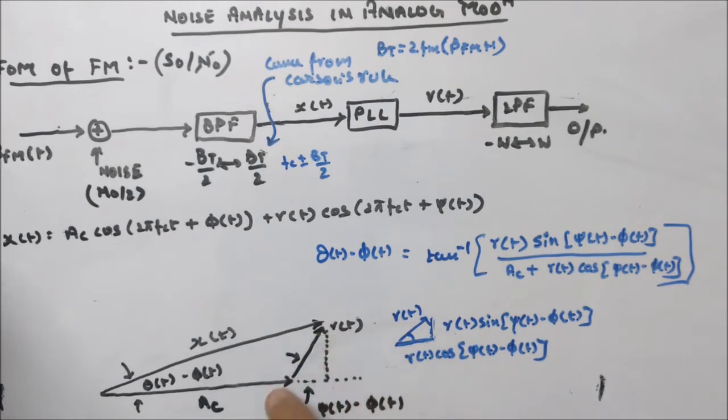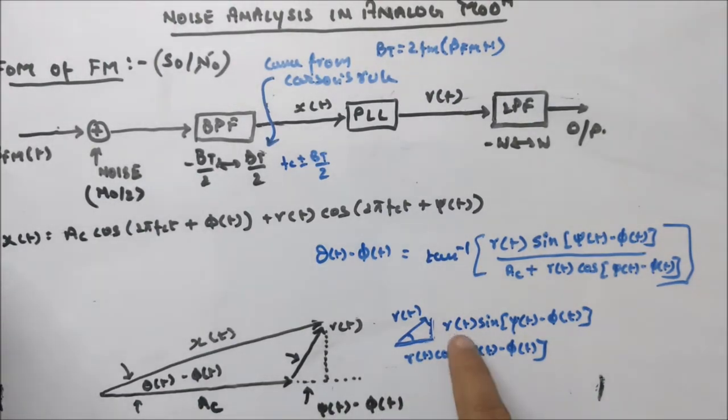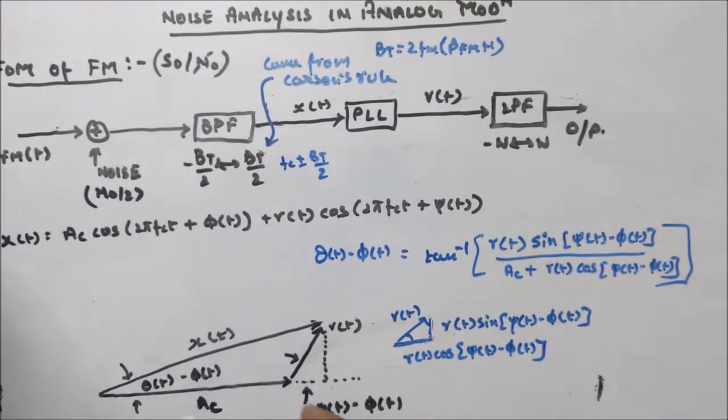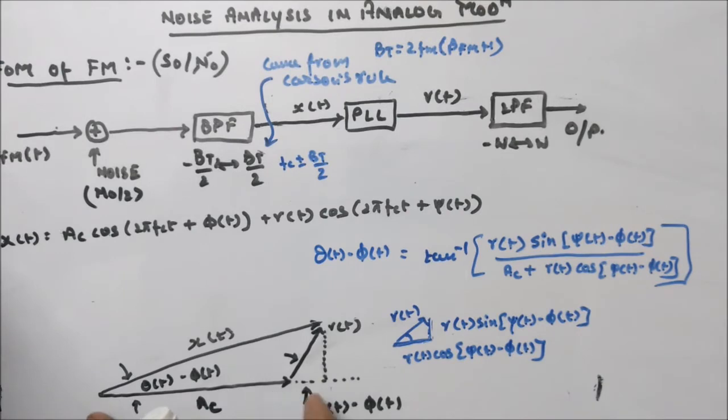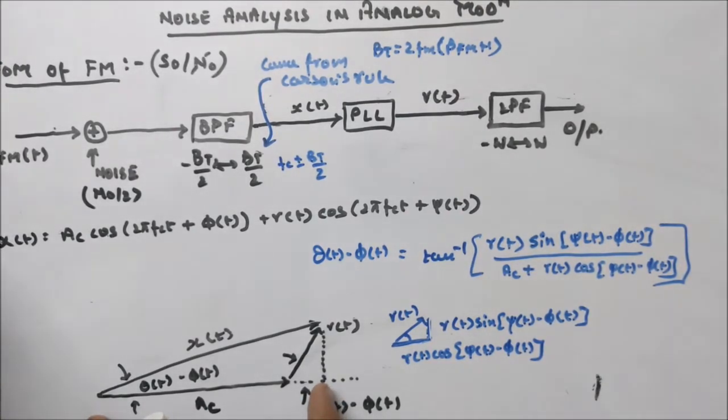Now you have RT, this is the RT line. You can use sin and cos. So RT sin of psi t minus phi t will be this line. Since the angle is psi t minus phi t, we have RT sin of psi t minus phi t and RT cos of psi t minus phi t. This will be the perpendicular and this will be the base. Now we want this base, so this is AC, so the total will be AC plus RT cos of psi t minus phi t.